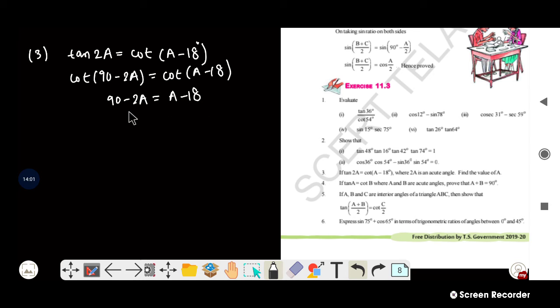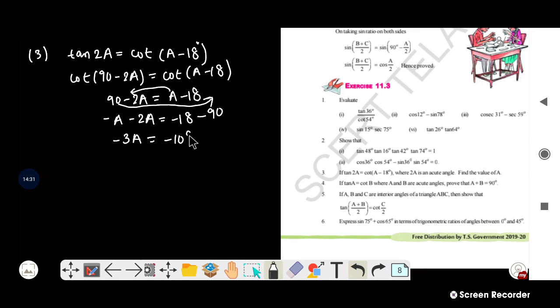Now if we simplify that, this is minus a, minus 2a is equal to minus 18 and minus 90. Is it right? It will come to this side, and this is coming to this side. So minus 3a is equal to, how much will it be? Minus 108, right?